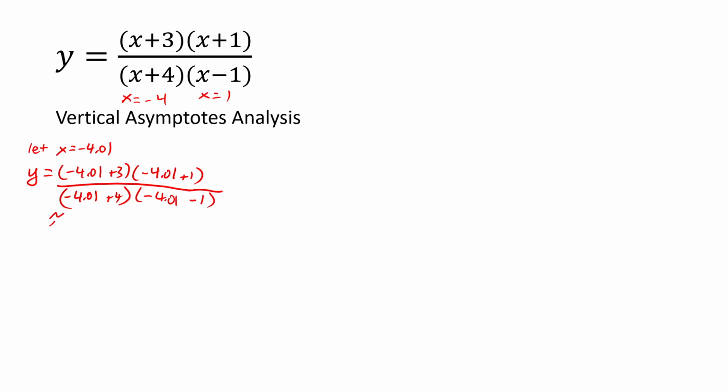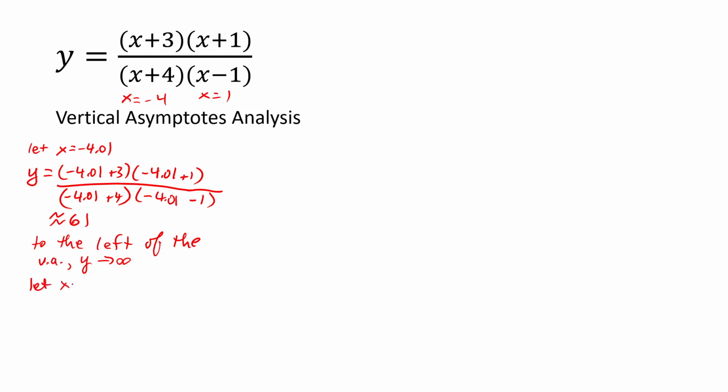After doing all of our simplifying, we get an answer of positive 61. So that means that to the left of the vertical asymptote, y is going to be heading to infinity.